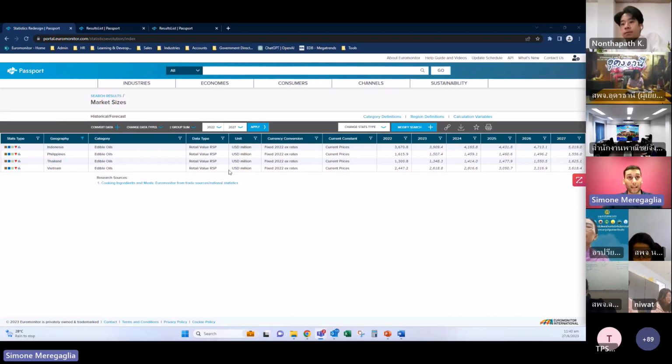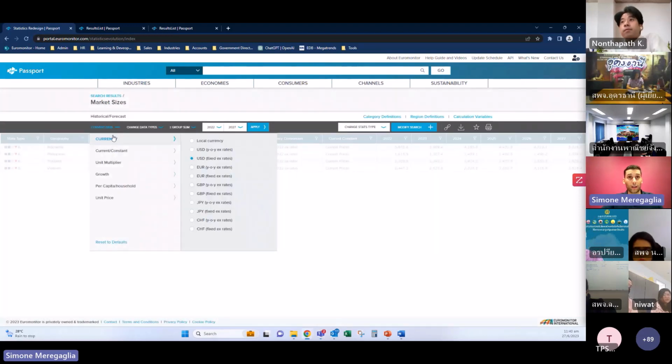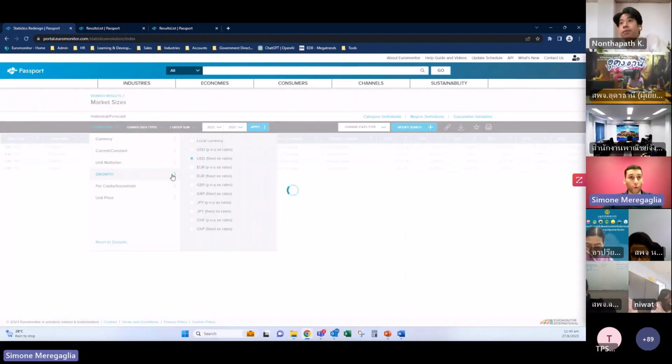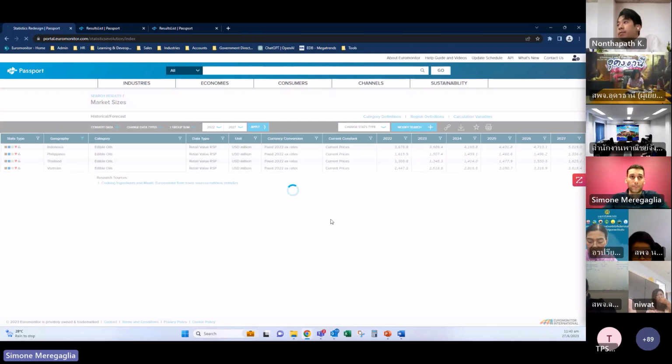In order to do that, I can go into convert data, and instead of doing local currency or USD currency, I can go into growth and understand the percentage of growth. So I'm going to click on period growth, so it will give me the growth in that period, 2022 to 2027, to see which one is actually growing the most.